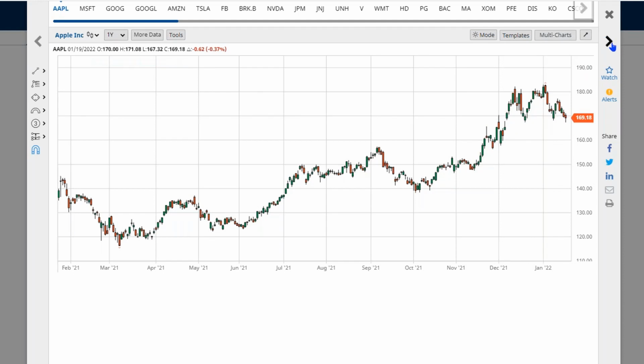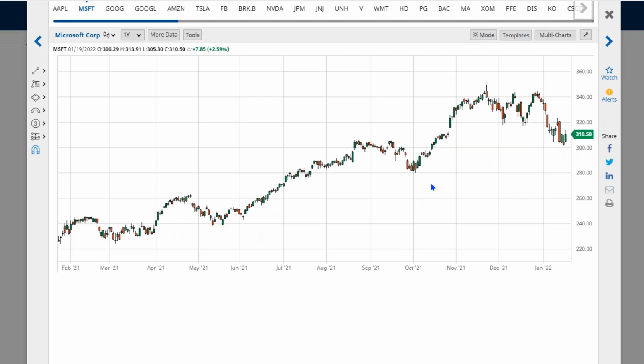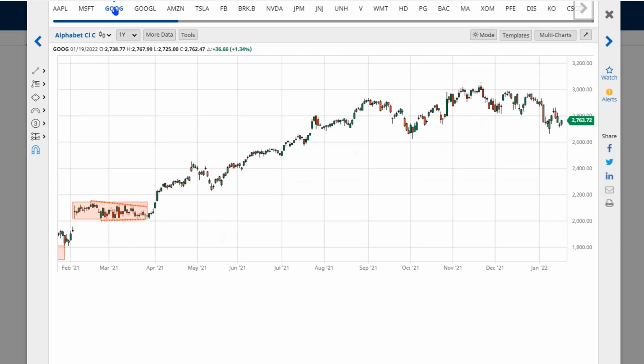If I look at Microsoft, again, still in an uptrend, but we are starting to make lower lows. Have we moved from distribution to starting that downtrend? Google, same thing. Looks like we're still in that distribution phase. Bull strategies might still be working.